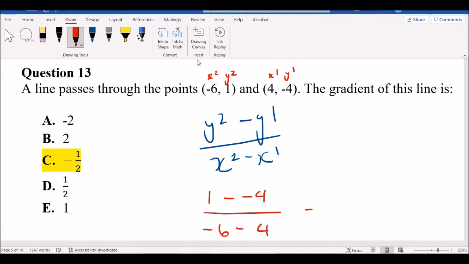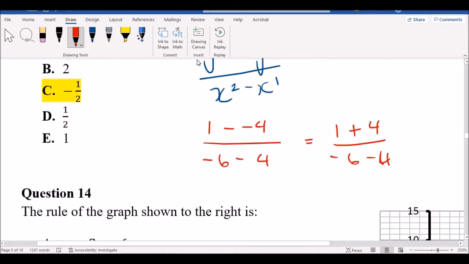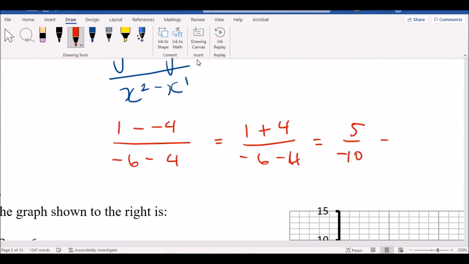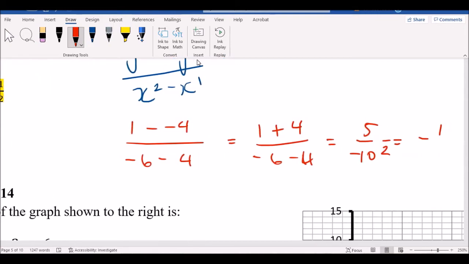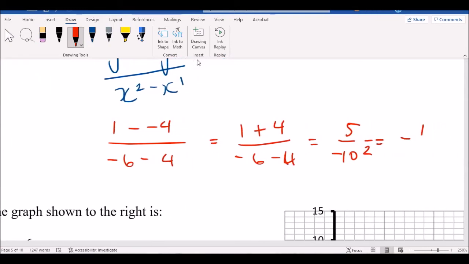So technically it's 1 plus 4 over negative 6 minus 4. Remember what happens to the two negatives? It becomes a positive. So now you get 5 over negative 10, and simplifying that becomes negative a half, which is the same as what we got there. So negative a half.